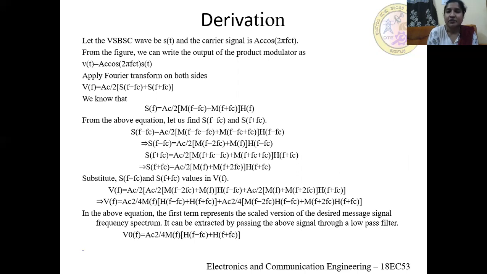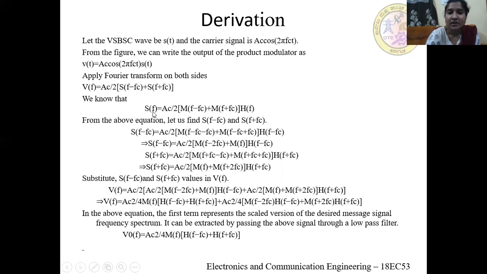From the figure, we can write the output of the product modulator as v(t) equal to Ac cos 2 pi fc t into s(t), because the inputs for the product modulator are s(t) and c(t), and c(t) can be represented as Ac cos 2 pi fc t. Applying Fourier transform on both sides, V(f) is equal to Ac by 2 [S(f minus fc) plus S(f plus fc)].